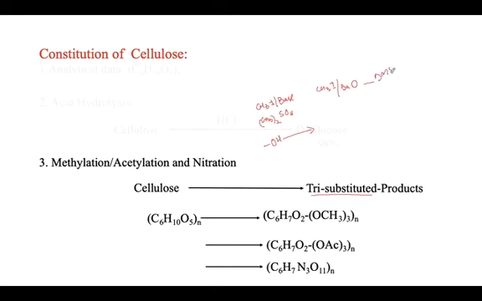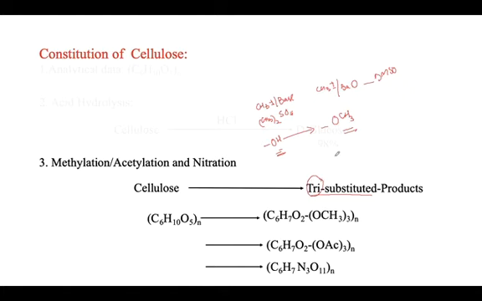So when we are using any of the methylation methods, it has been found that the hydroxy group has been converted into OCH3. Now, it has been estimated that all three hydroxy groups have been converted into OCH3. So that is why we write the word tri-substituted. So what does it mean?